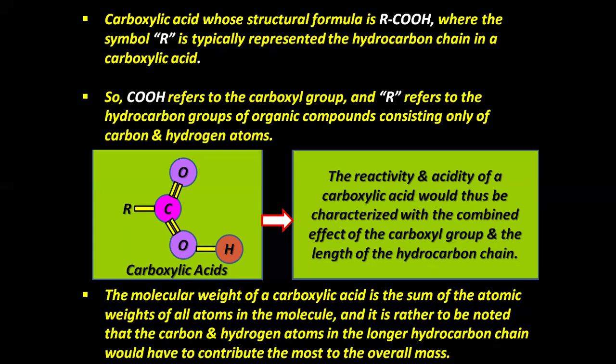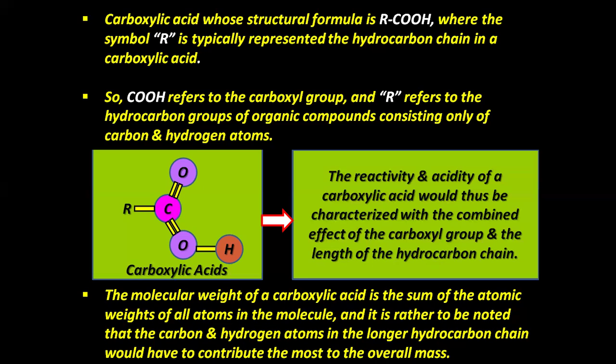So COOH refers to the carboxyl group, and R refers to the hydrocarbon group of organic compounds consisting only of carbon and hydrogen atoms. See the format of carboxylic acids.